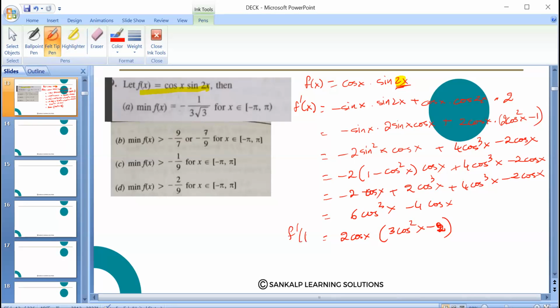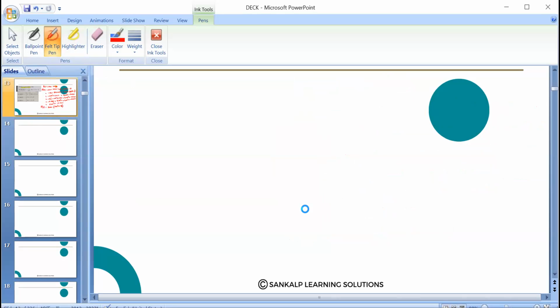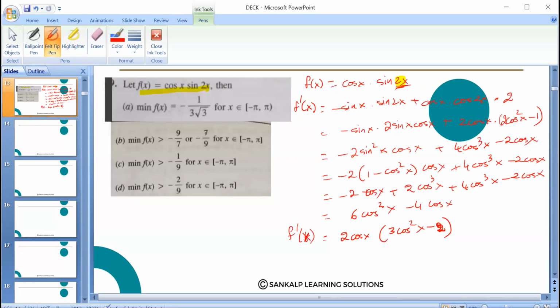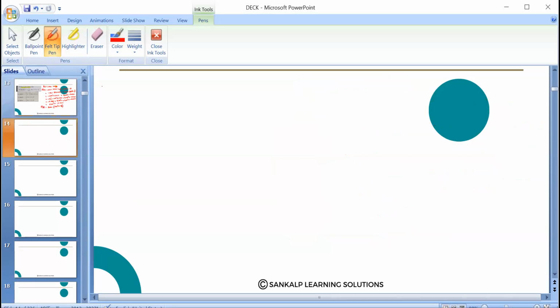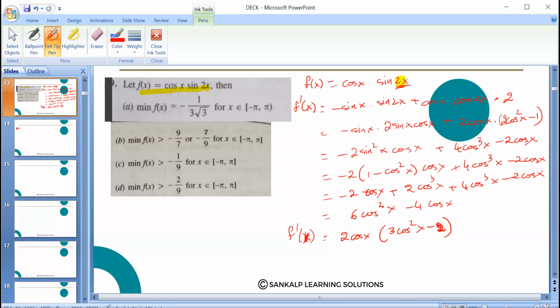Suppose this f dash of t, we will take it as f dash of x. If we take it as g of t, this is f dash of x. So 6t cube minus 4t.